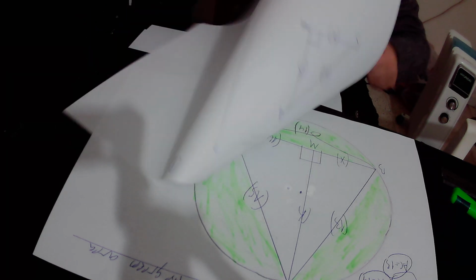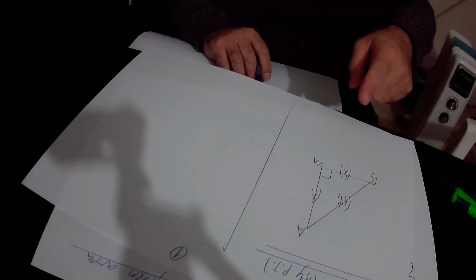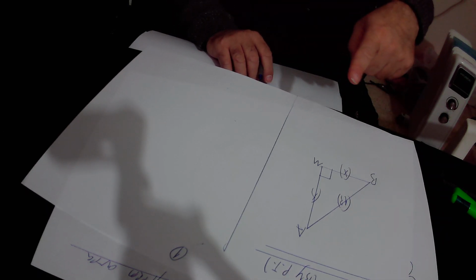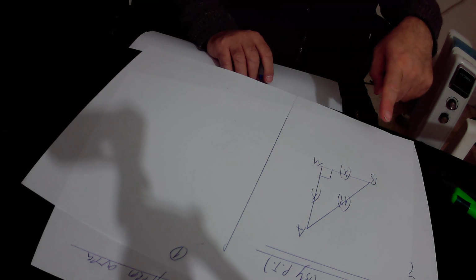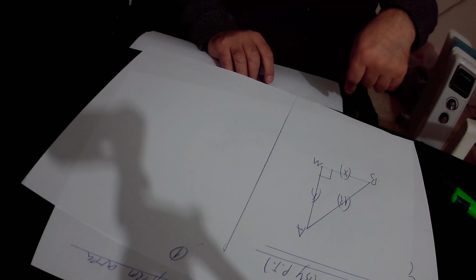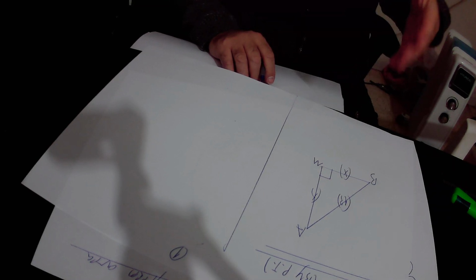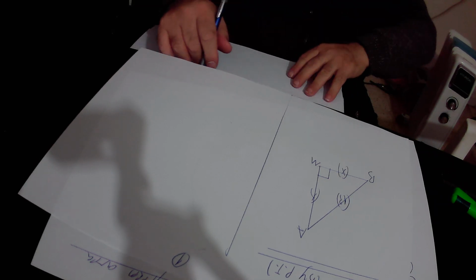This is the right triangle ABM that I copied from the original drawing. AM equals H according to our definition. BM equals X also according to our definition. And the hypotenuse AB equals 13 units, as given in the question.